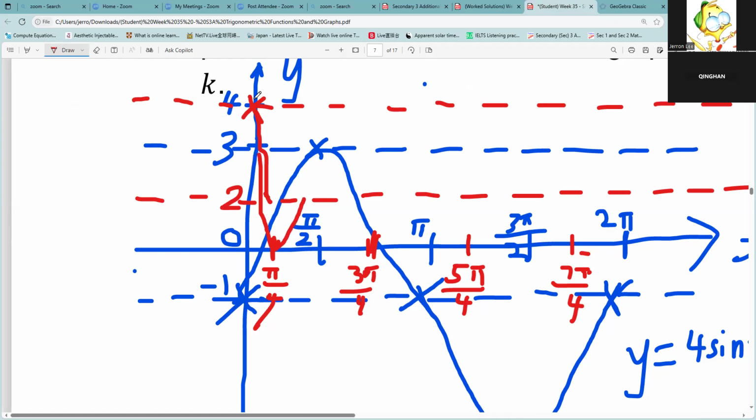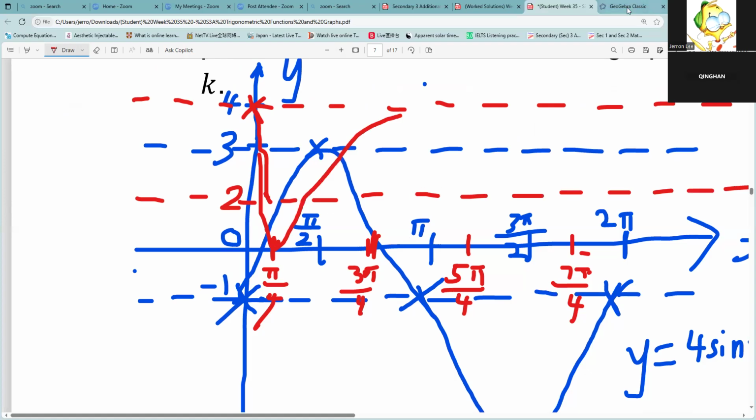And then at 3 pi over 4, it's a bit tricky. It goes down, and this is going to be the 0. At 3 pi over 4 it's in the middle, and at pi it's going to reach back here again. It looks a bit weird, so I want you to draw on your own.